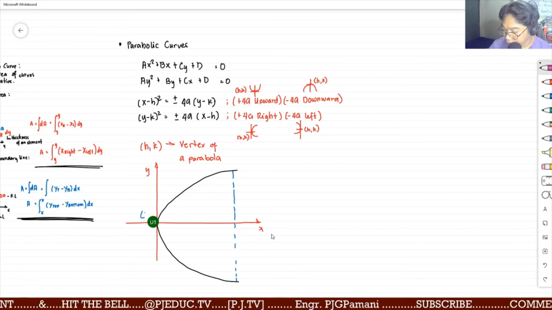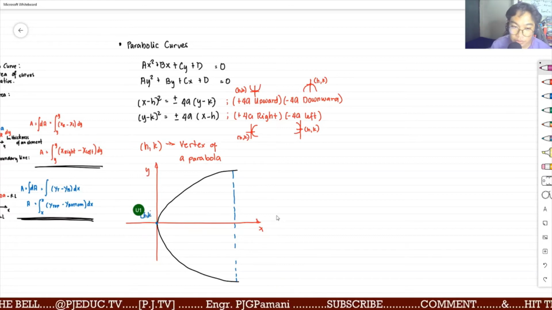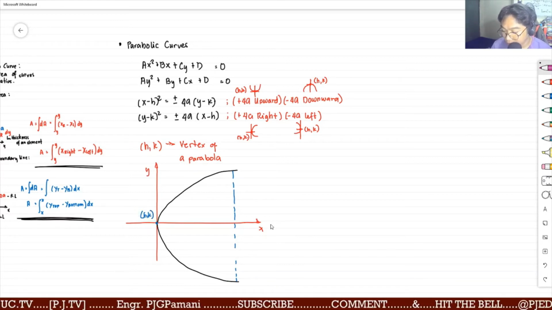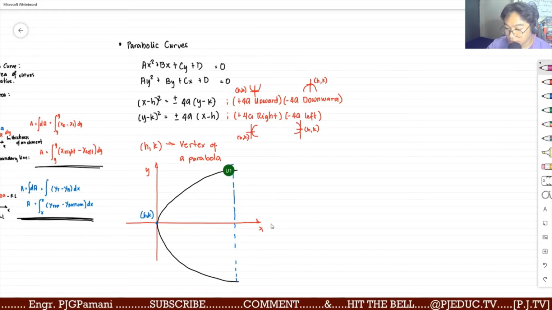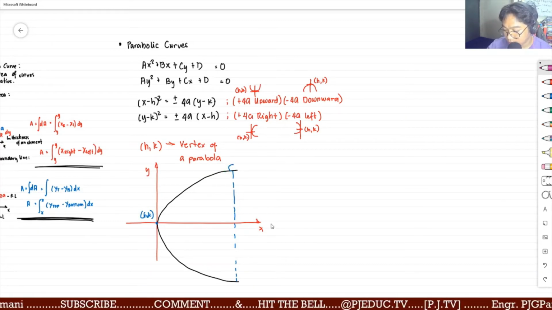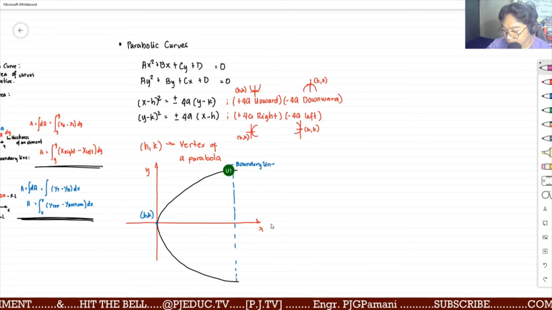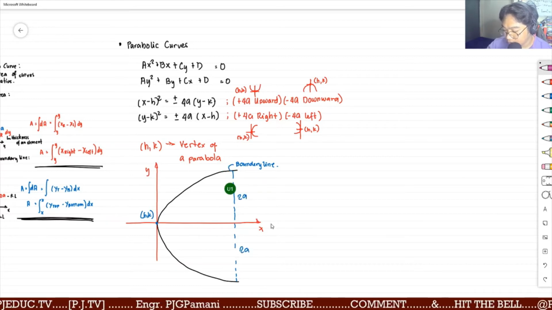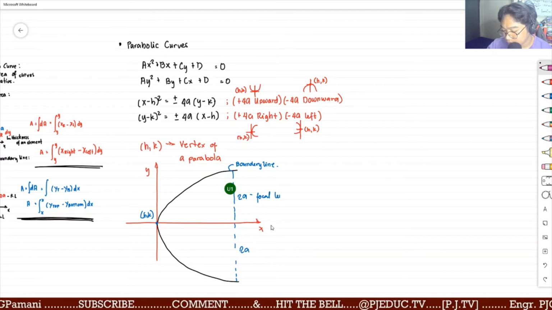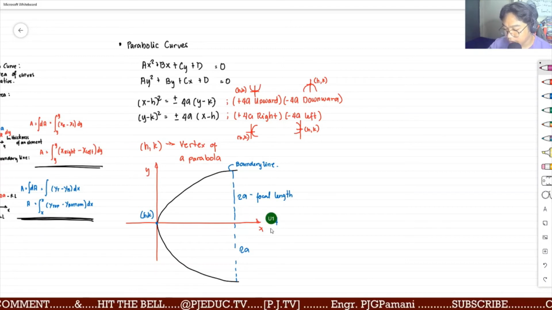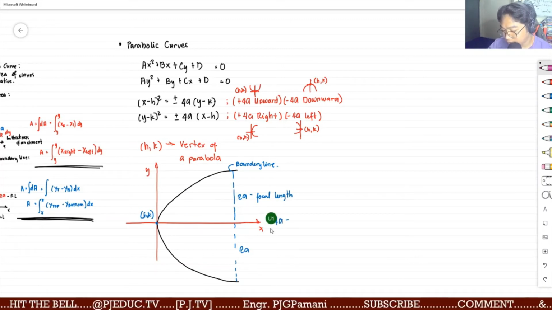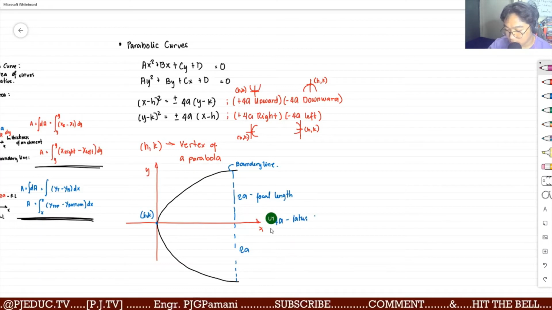If your vertex is at the origin, 0, 0, your vertex, your boundary line, 2A is your focal length, and 4A, 2A plus 2A, is your latus rectum.